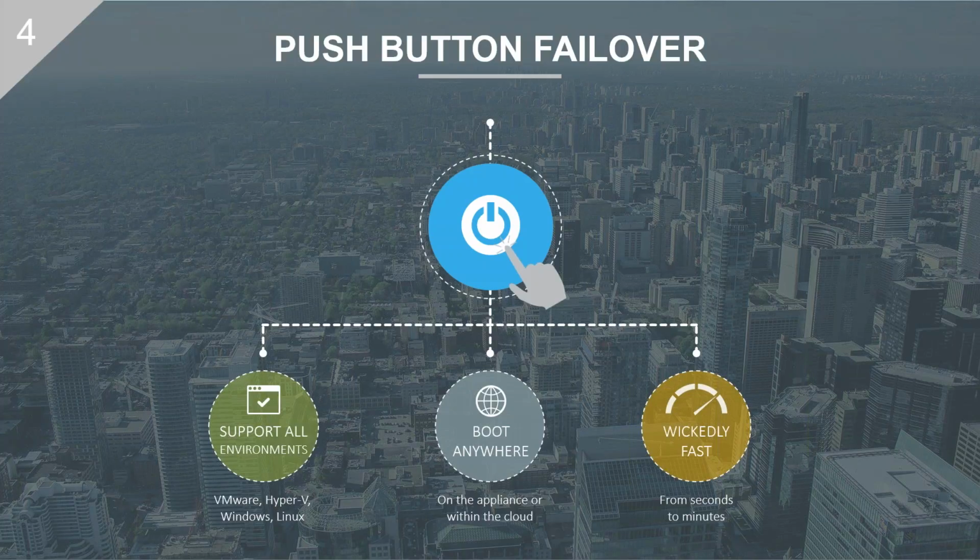So if there's a natural disaster, if the server is, say, completely underwater, then you're going to want push-button failover by spinning up VMs in the cloud and letting your customers access those applications and stay productive during that site-wide disaster.